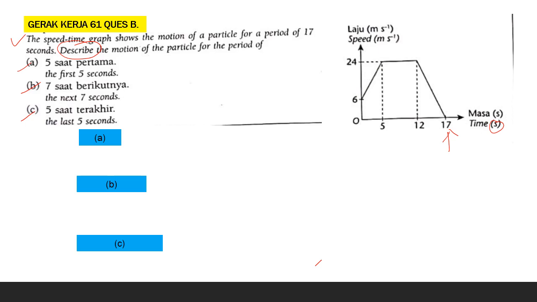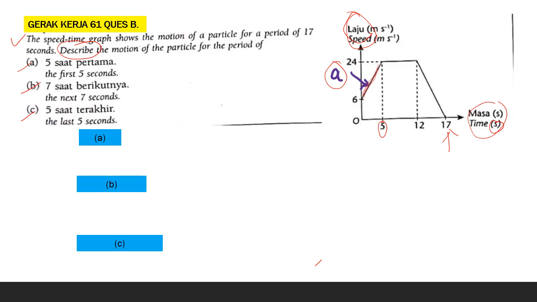So where is the first 5 seconds? The first 5 seconds will be here. So the graph here is what happened. This is a speed time graph. What do you call this part?